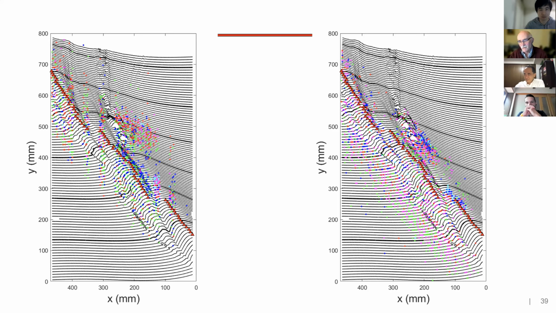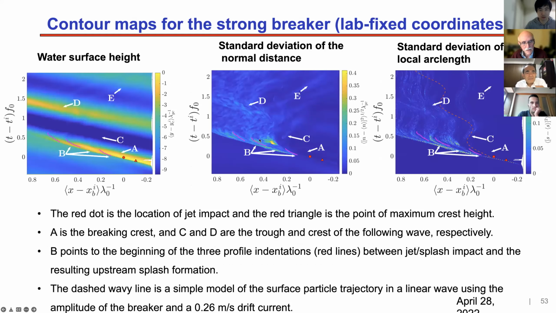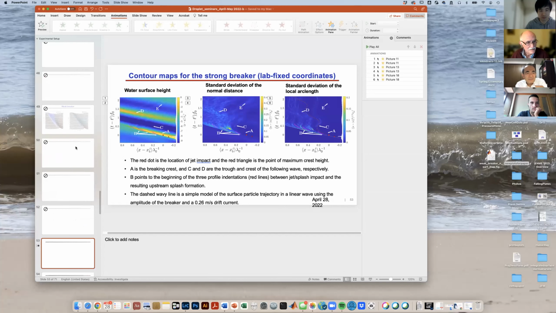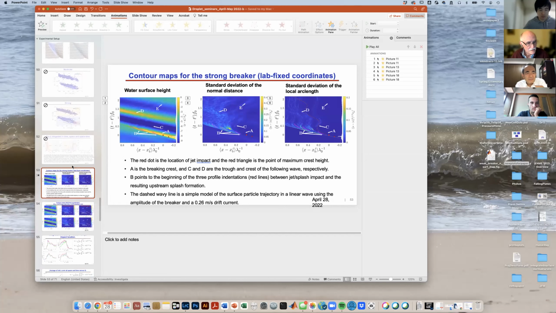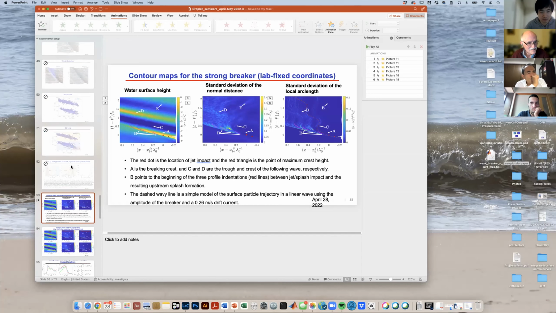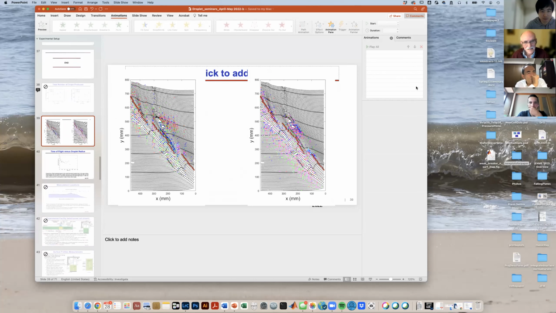We knew the surface profile at the instant in time when we measured the droplet, and we also know all the profiles forward and backward in time.